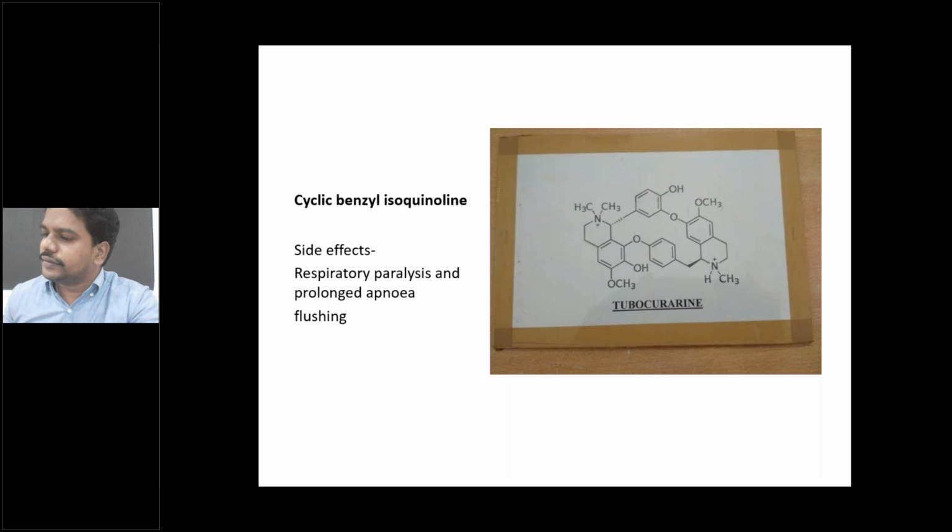Then cubocurarin. Cubocurarin is the cyclic benzyl isoquinoline. Side effects of cubocurarin are respiratory paralysis, prolonged apnea, flushing.